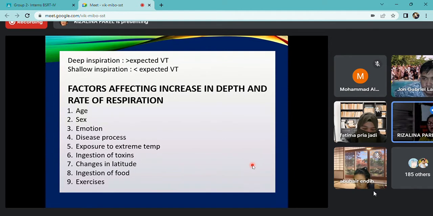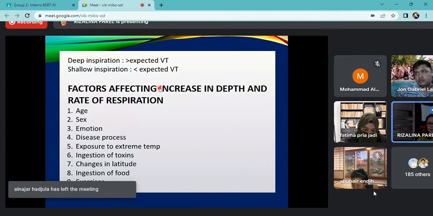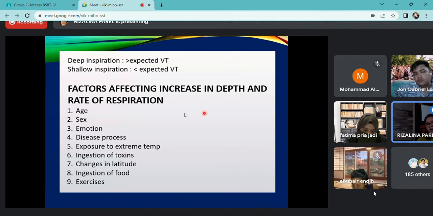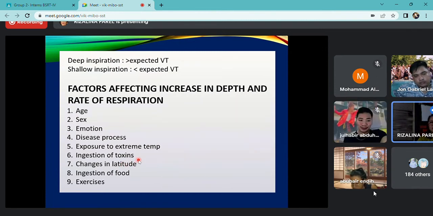Okay? Dahil nga kulang yung kanyang resting breathing. So the factors affecting increase in depth and rate of respiration, again, the age, sex, emotion, disease process, exposure to extreme temperature, ingestion of toxins, okay, changes in latitude or altitude, ingestion of food, and exercises.